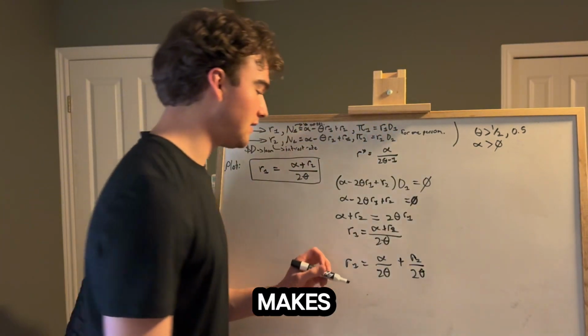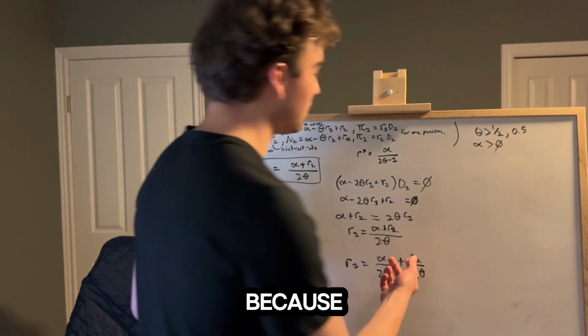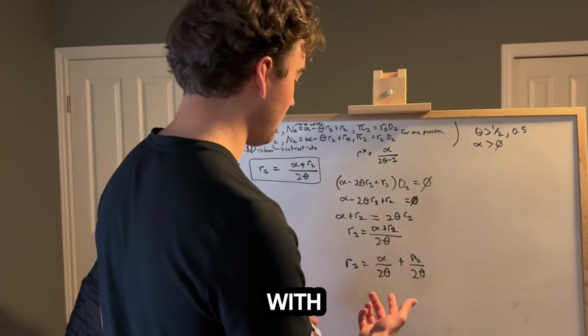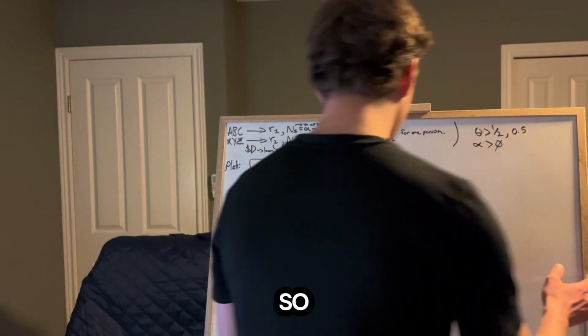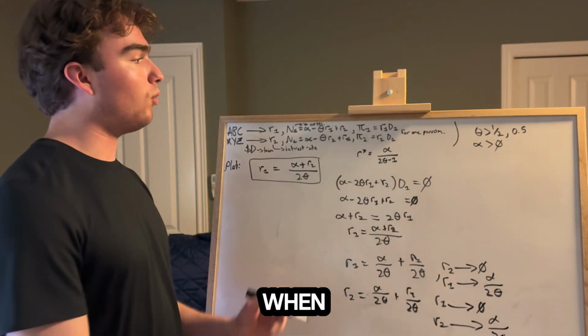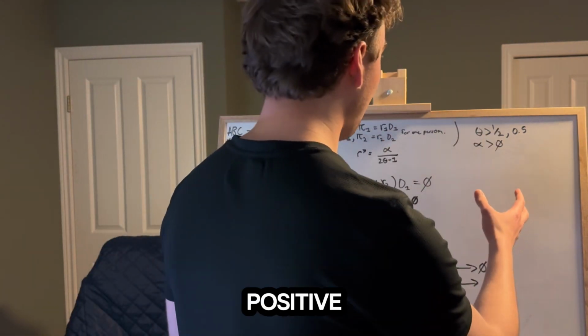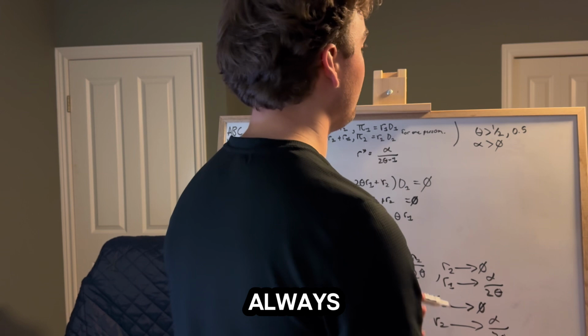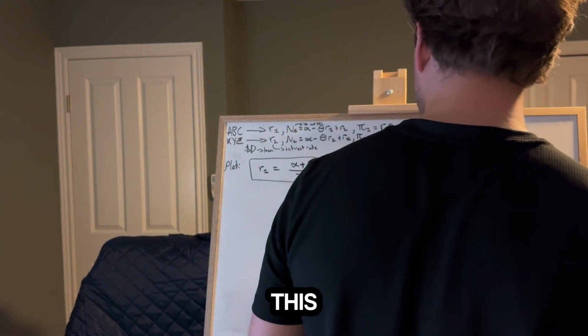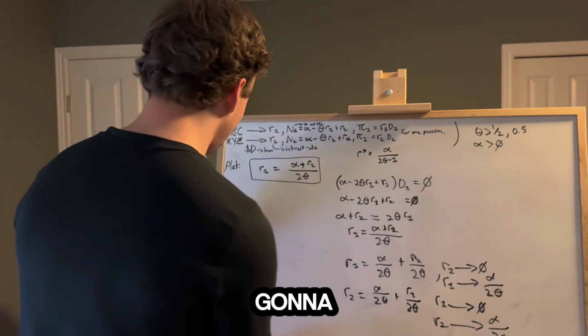Boom. And this makes it easier to plot, right? Because when R2 goes to 0, then you're just left with alpha over 2 theta. So look, we know this. When theta is positive, which it always is, it's always greater than half, and alpha is positive, what do you think this means? The graph is going to look like this.